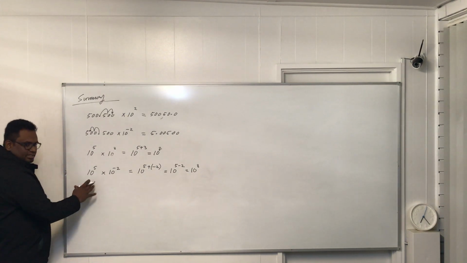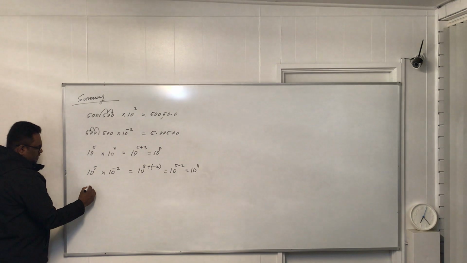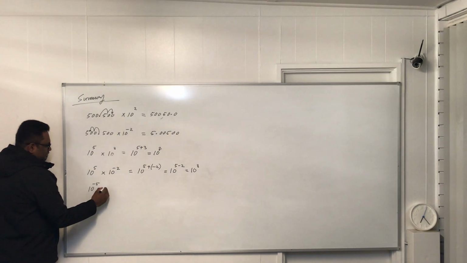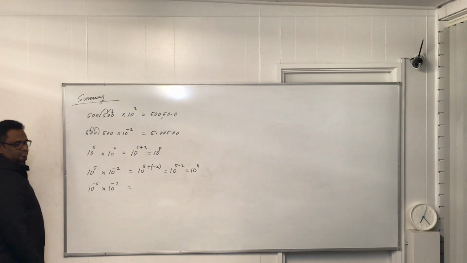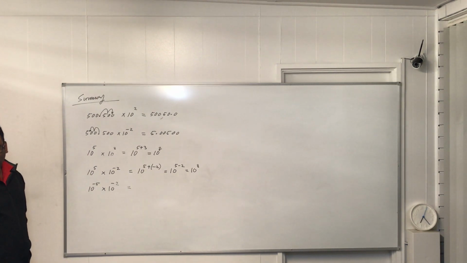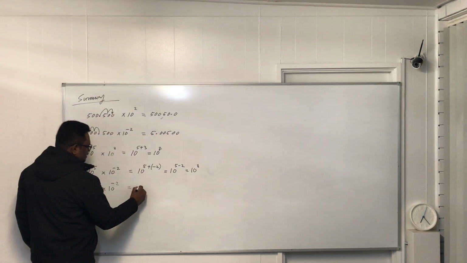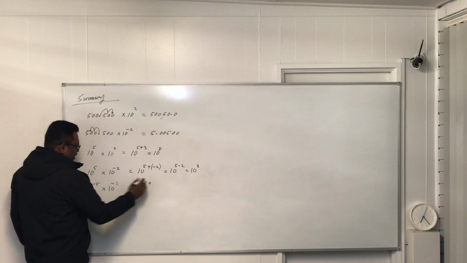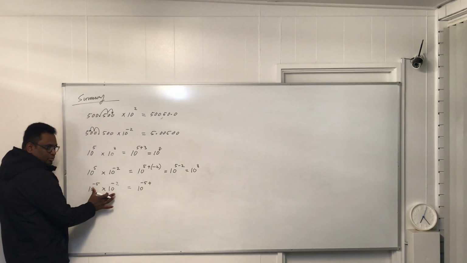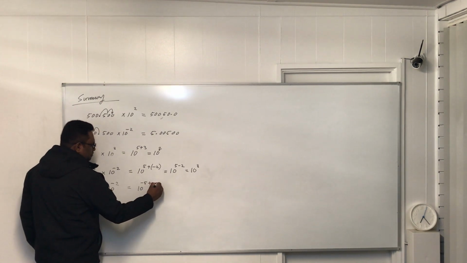Okay, so this is fine, right? Next one. 10 to the power minus 5 times 10 to the power minus 2. Tell me the answer. 10 to the power 7, or 10 to the power negative 7. 10 to the power minus 5, then you have to add, right? If they are multiplying each other, you add this minus 2.